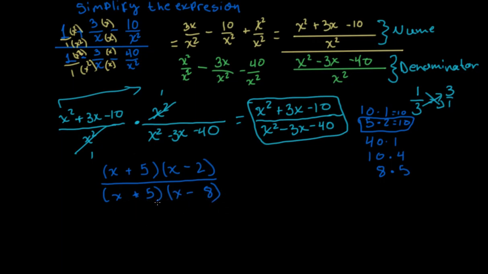I suggest you do it too, because if you are in a test, you have to make sure you have your numbers right. So x times x is x squared.